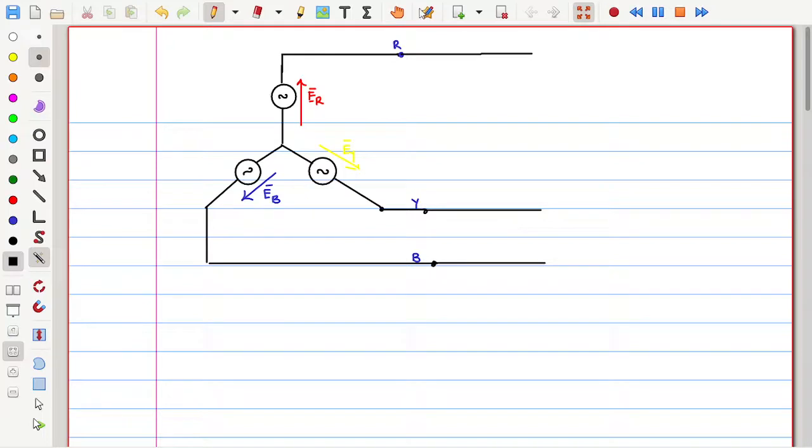But anyhow, let us think of that these are the lines of the generator from here to here, and the line which is connected to the R phase generator is called as R phase line. The line which is connected to Y phase generator is called as a Y phase line, and so on.